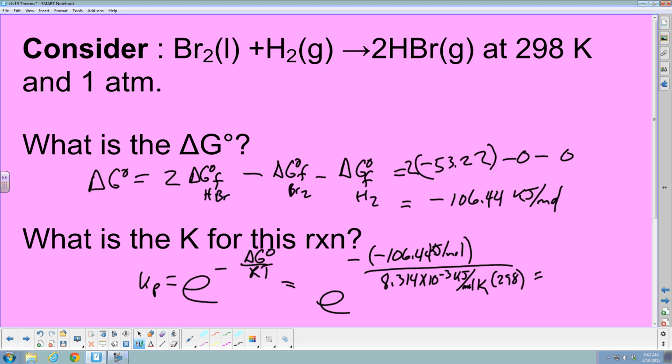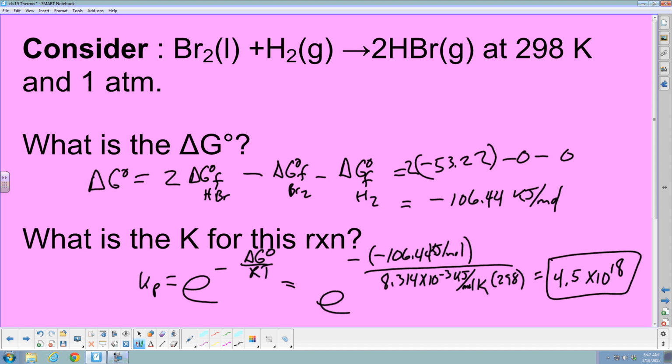Let's hope we are right. 106.44 negative, and then I take the negative of that, so that means it's positive, divided by 8.314 times 10 to the minus third, divided by 298. It gives me like a 42, is that right? I'm going to take my e to the x, and I get 4.5 times 10 to the 18th. So that is what my K would be.